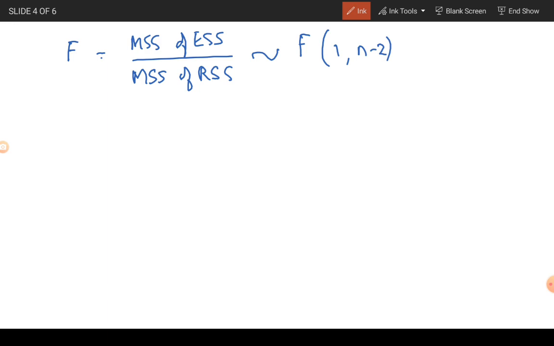It provides a test statistic to test the null hypothesis beta 2 equal to 0.